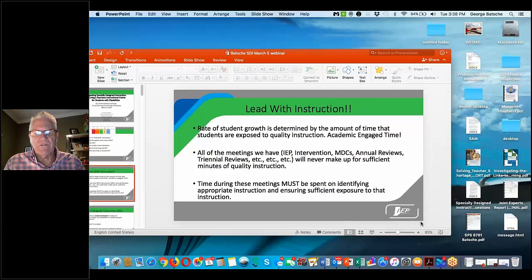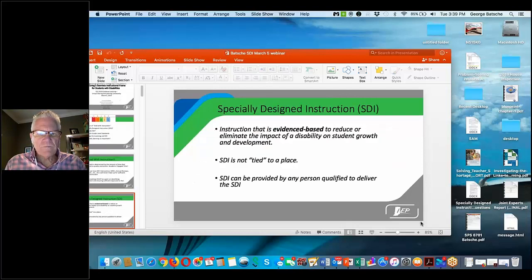Anything we've been doing on behalf of students, unless those meetings focus on instruction, informing high quality instruction, it's not going to help our students progress. Filling out an IEP will do absolutely nothing to help our student progress unless that process of doing the IEP results in high quality evidence-based instruction delivered in sufficient amounts. So this is all about instruction.